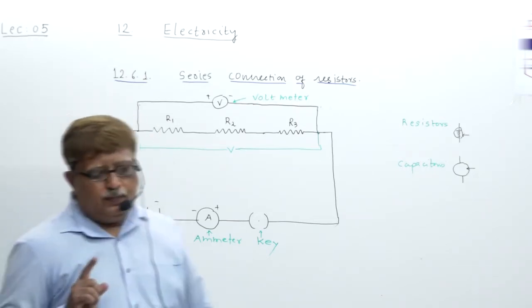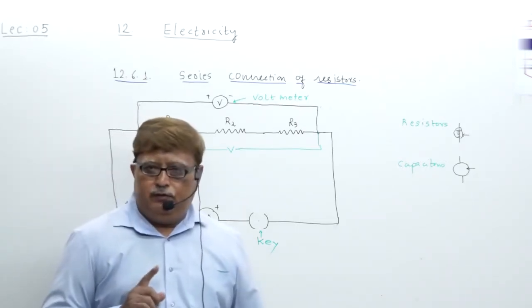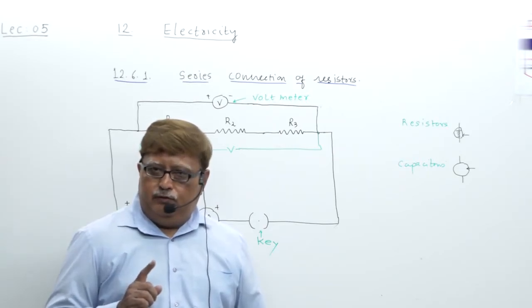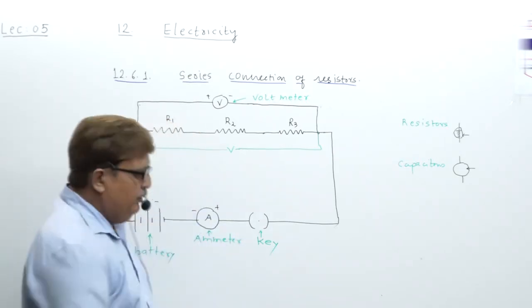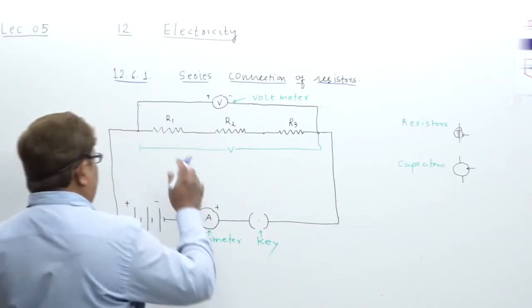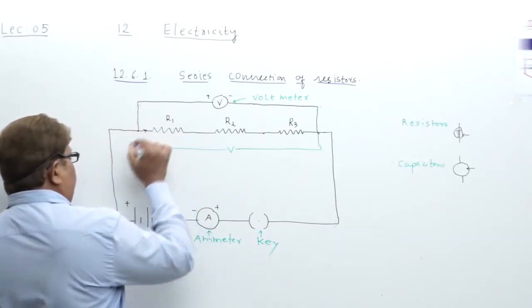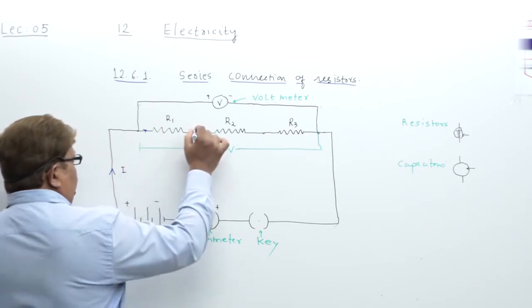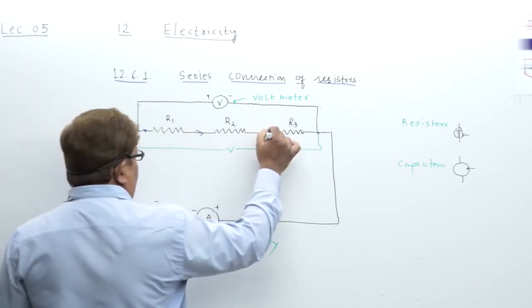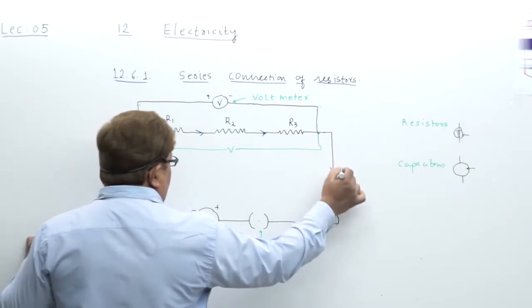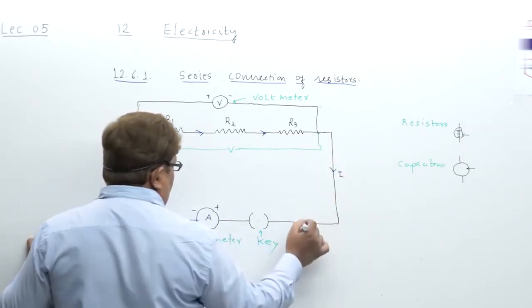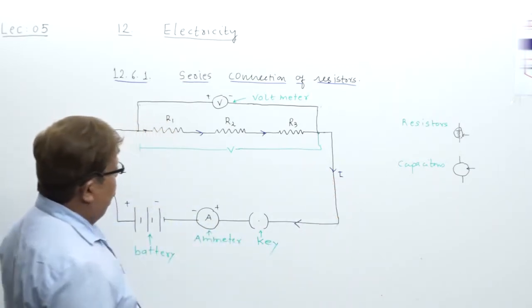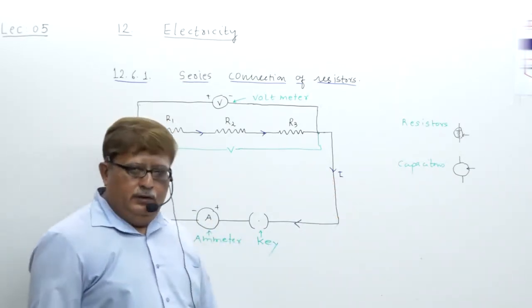Whenever resistors are connected in such a way that the amount of current passing through them is similar, means the amount of current passing through all resistors is the same, understood?